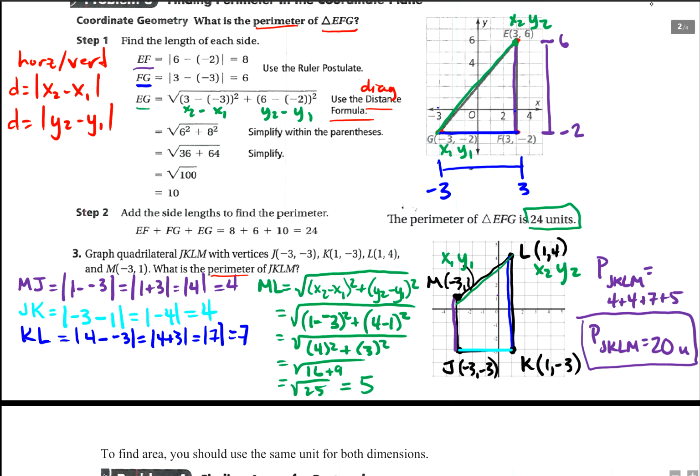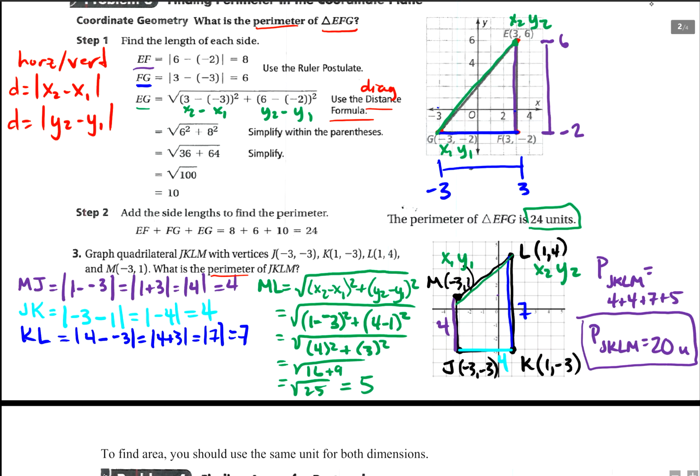And so I started with side MJ, and I did 1 minus -3, so those added together, and I found out this was 4 units long. And then I did side JK, found out it was also 4 units long. Did side KL, found out it was 7 units long.